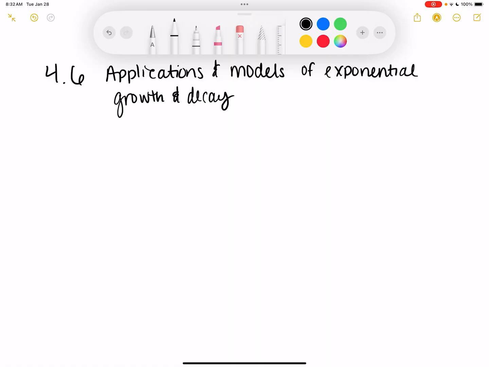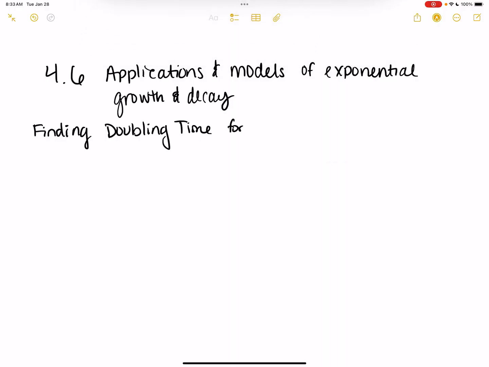So to start out with, we are going to look at finding doubling time for money.